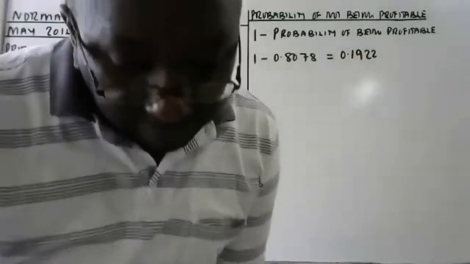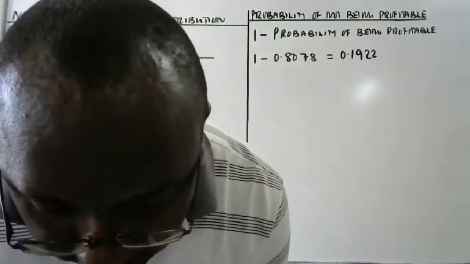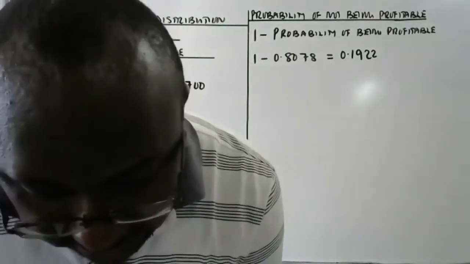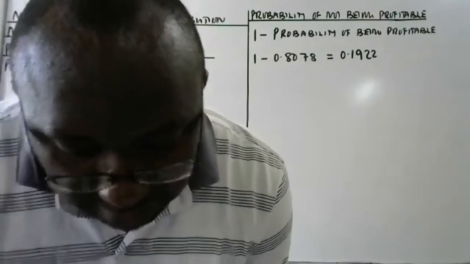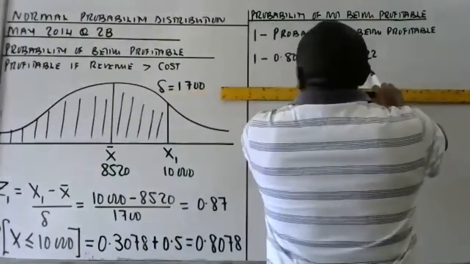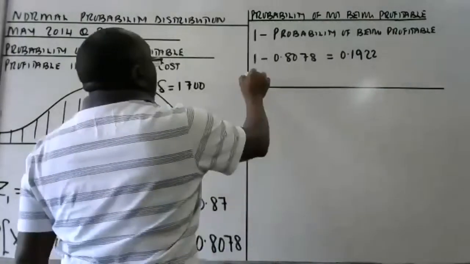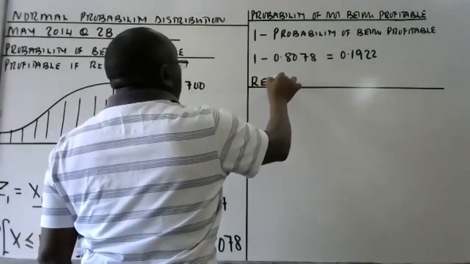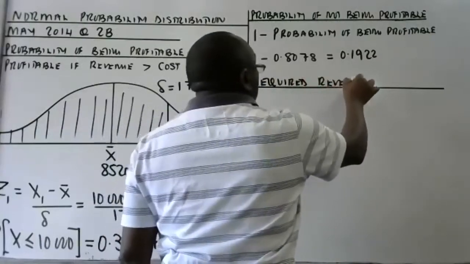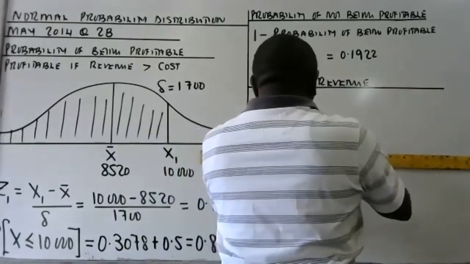Okay, then the amount of revenue that should be earned from the project in order to have a 0.99 chance of the company making a profit. The required revenue. So the required revenue, you will argue like this.